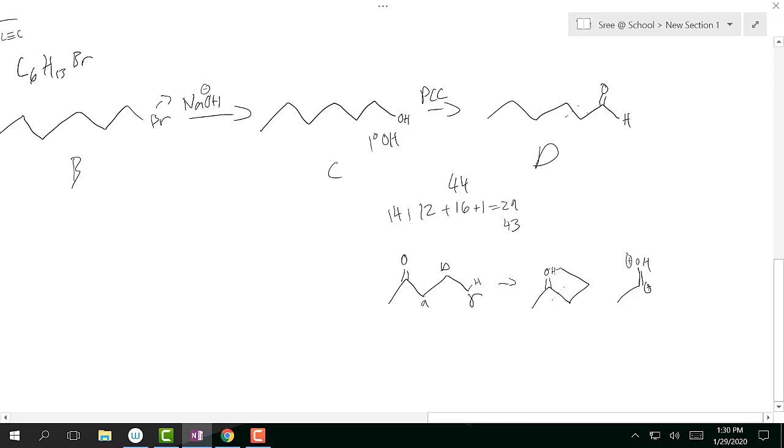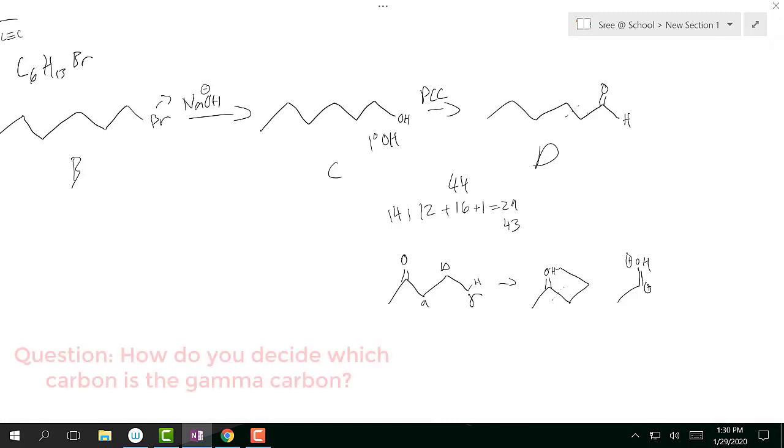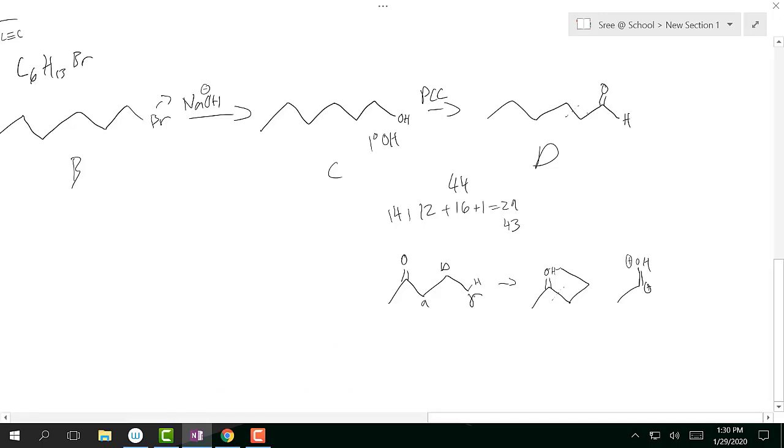Okay, anyone confused? Yeah. Where the gamma carbon is? Yeah. It's always going to be the third carbon away from the original carbon.